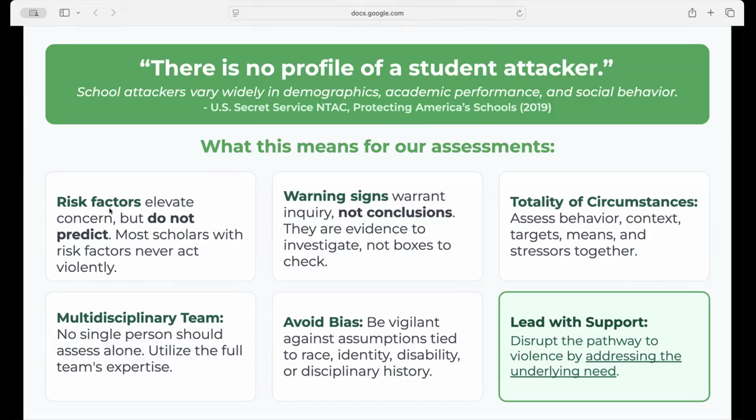I know our sites really do a lot in this area, disrupting the pathway to violence by addressing the underlying need. So again, prevention is always key. We do want to be vigilant with the information that we do know, but know that even with all of the different examples of risk factors and warning signs, those don't necessarily mean that a scholar will definitively engage in violent behavior.